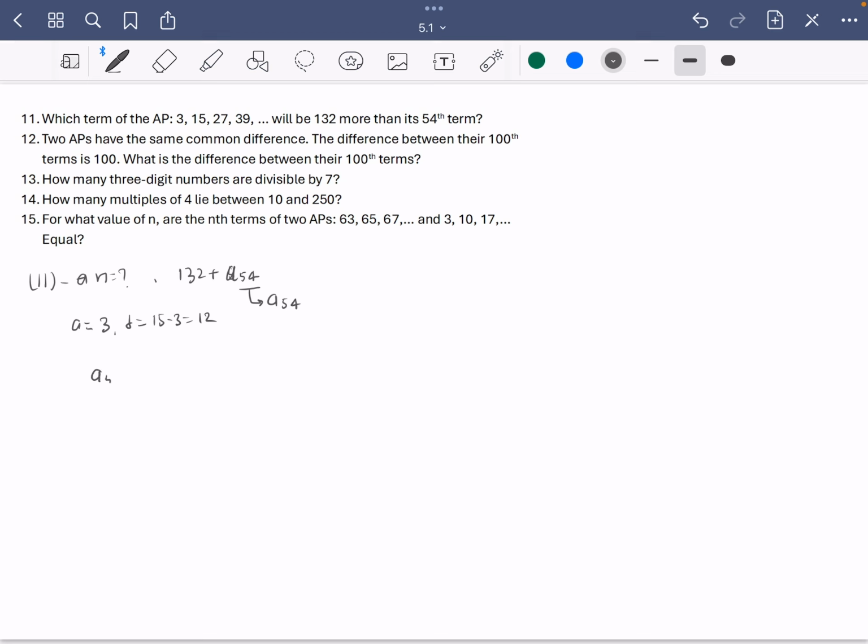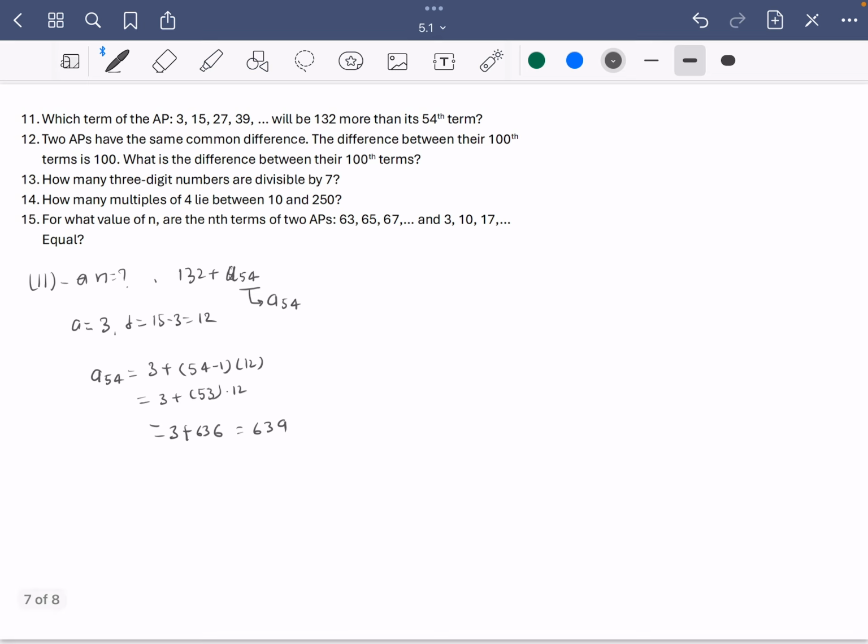So a54 is going to be 3 + (54 - 1) times d, that is 3 + 53 times 12. 12 times 53 is 636, and 3 plus 636 is 639.